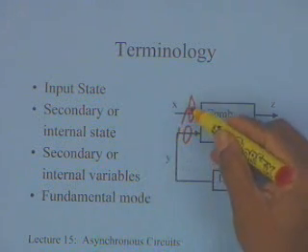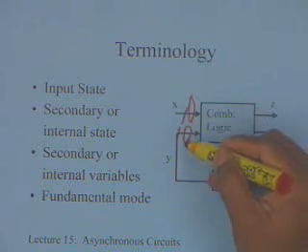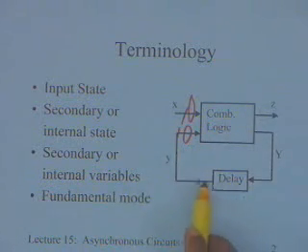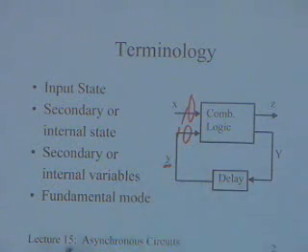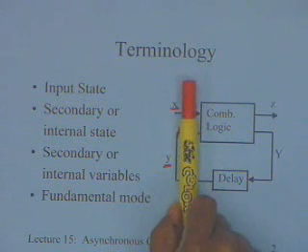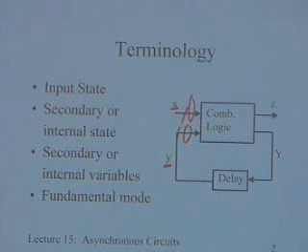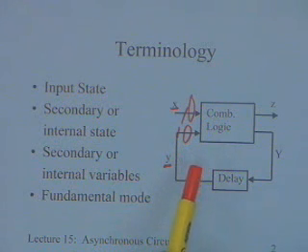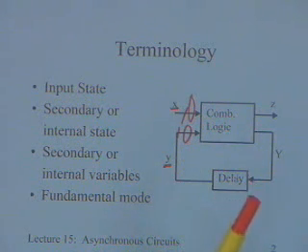These two together, that is, a particular combination of the secondary variables or internal variables, which are the y's, and a certain combination of the input variables, which correspond to the x's, together constitute the total state of the machine. Now, given a certain state, state transitions can only be initiated by a change in inputs; that is very clear.